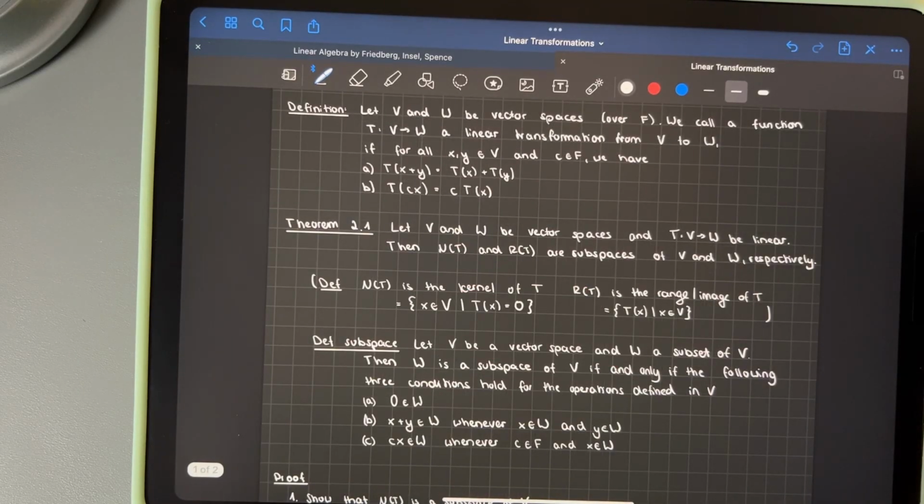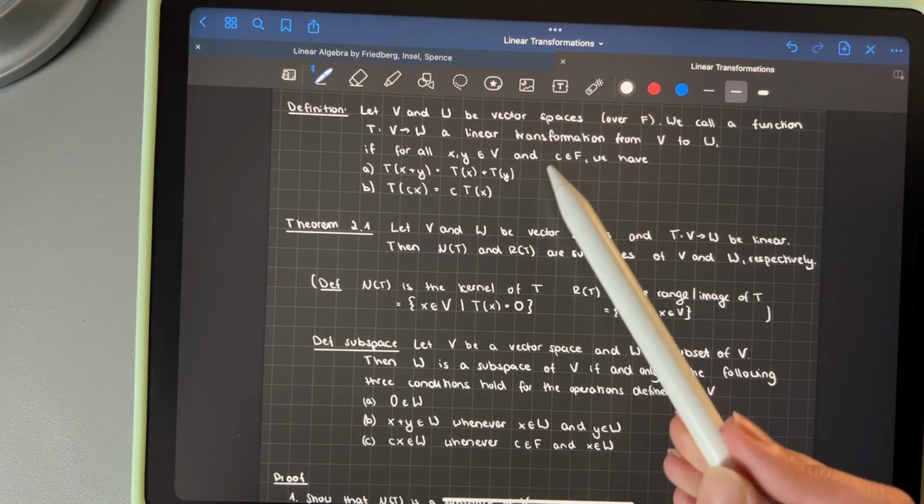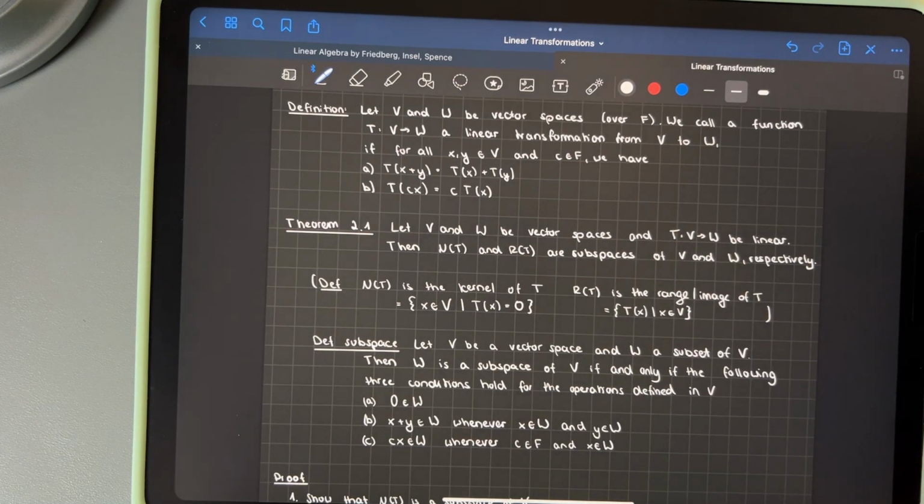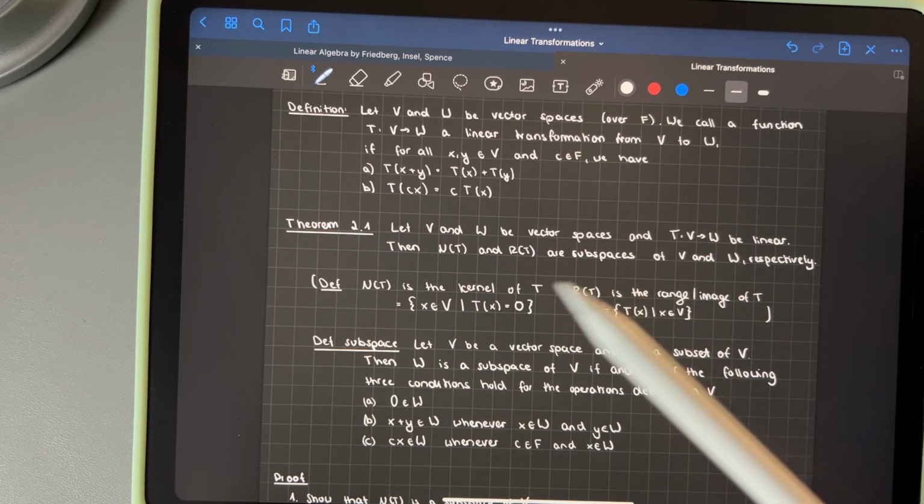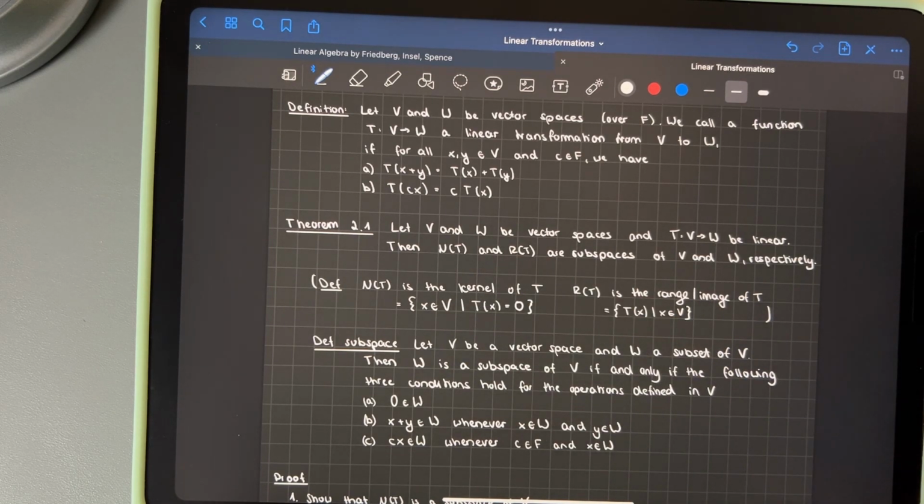And I think this was a neat little exercise to see and get familiar with what a linear transformation is and how you would use the properties up here that you get. And you can also see that it has many more nice properties, such as that the kernel and image are subspaces.